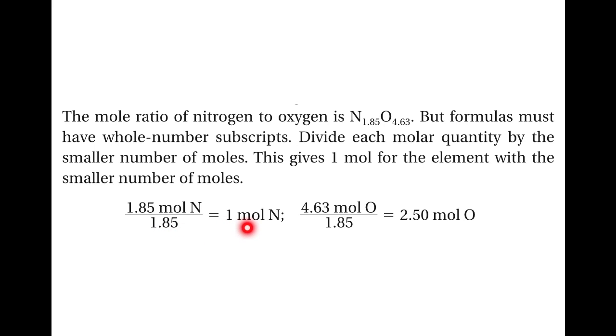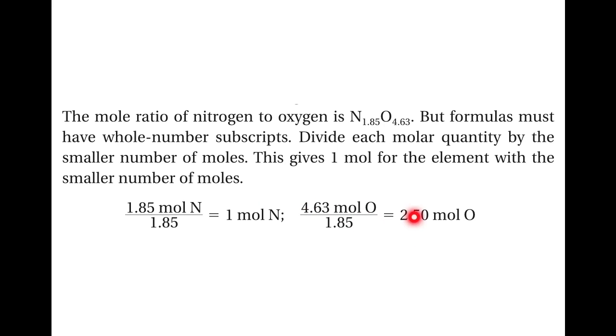As you guys can see, it works for nitrogen because a number divided by itself will give you 1. But in this case, 4.63 divided by 1.85 gives you a non-whole number still. So that means that I need to do one more step so that both my moles will be a whole number. So what should I do?